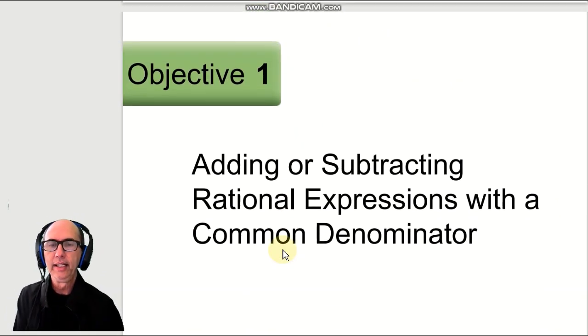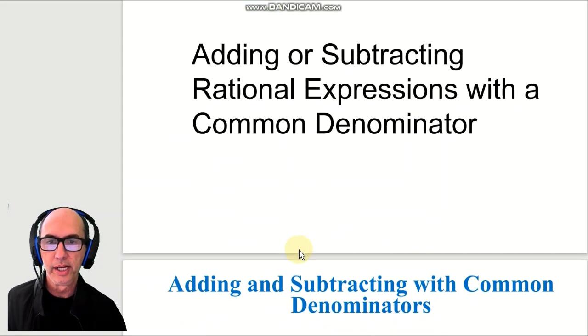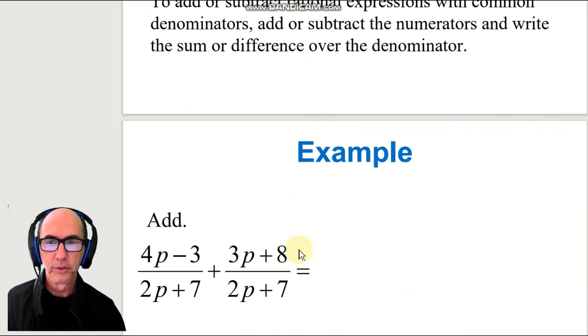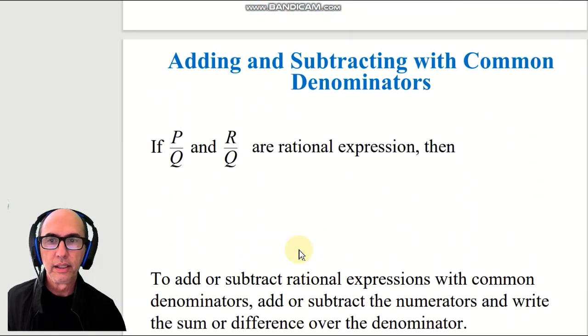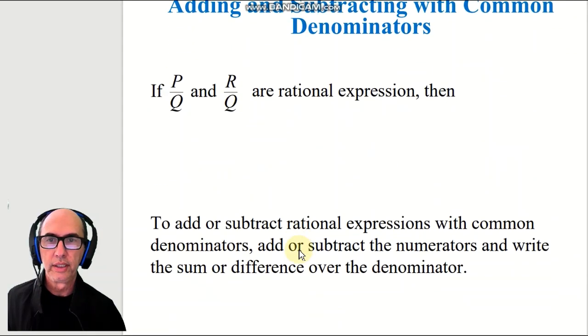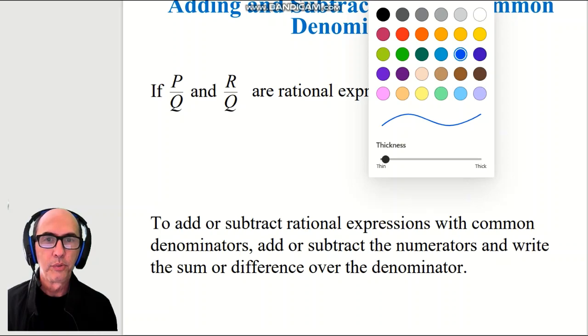First, let's see the easiest situation when we have the same denominator, a common denominator. Okay, so let's go straight to the example. If we have the same denominator, you can remember what we do if we work with numbers.